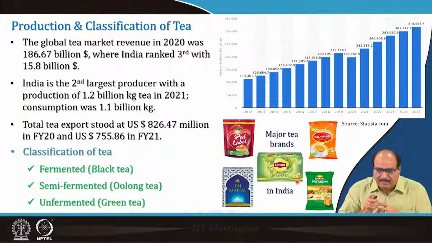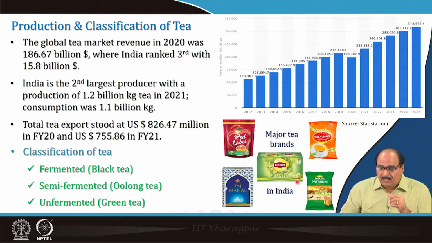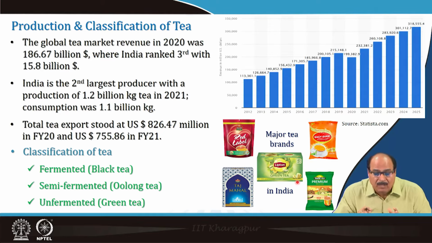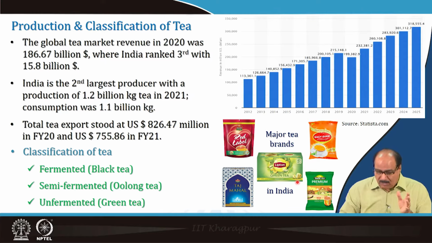Major tea brands in India include Red Label, Wagh Bakri, Lipton, Taj Mahal, Tata Tea and so on. The data in this figure shows an increasing trend in the export revenue generated by tea exports, in $1 million values.